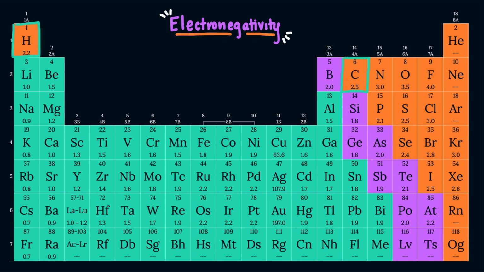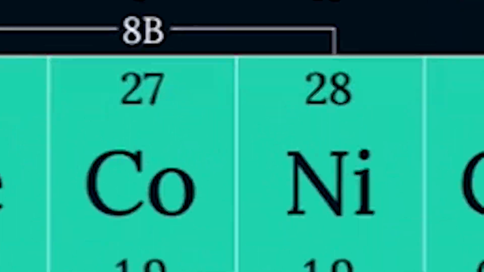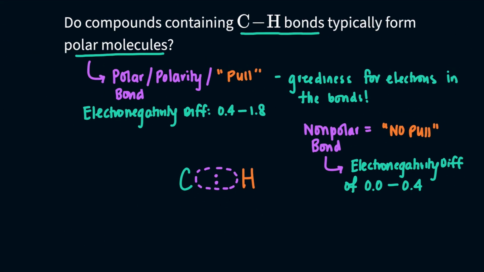So let's head back to the problem and use these values. Carbon is a little bit more electronegative than hydrogen, but let's see if it's going to break the bank. If we subtract these two values, 2.5 minus 2.2, I get a 0.3 electronegativity difference.